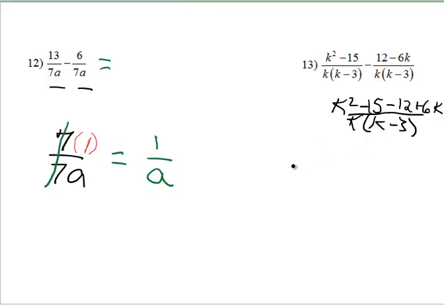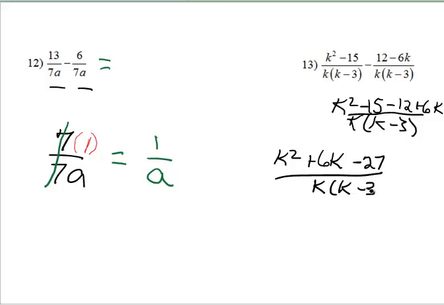And I'm going to do some rearranging and give myself a little more room. So I'll have K squared plus 6K minus 15 minus 12 would be minus 27. And again, that's still all over K times K minus 3. We can factor the numerator. Negative 27 would be 3 and 9. So K plus 9 times K minus 3.